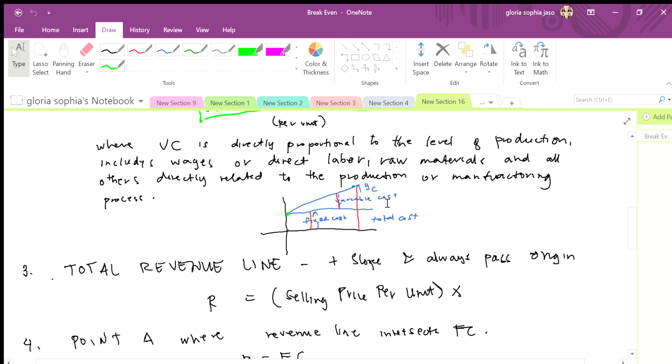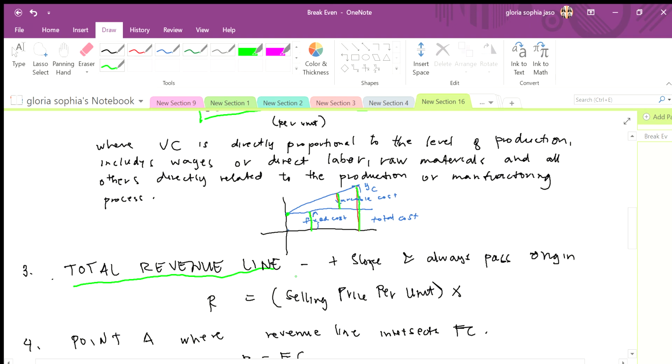Okay, so illustrating the graph of the total cost line. Here it is. This is the variable cost plus the fixed cost. So this is the total cost line. Next is the total revenue line.